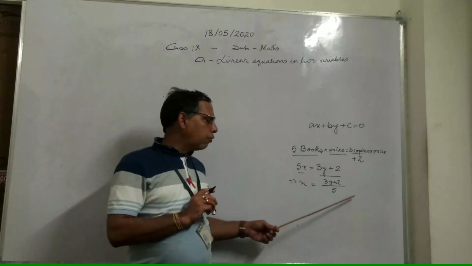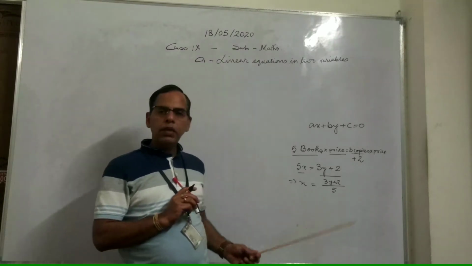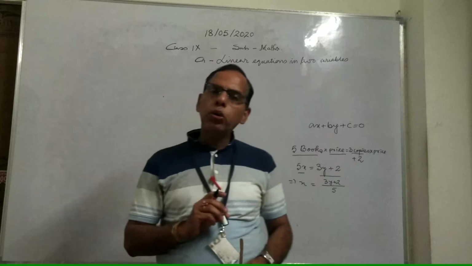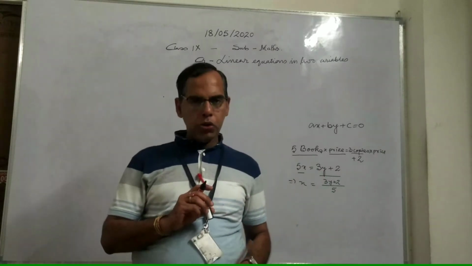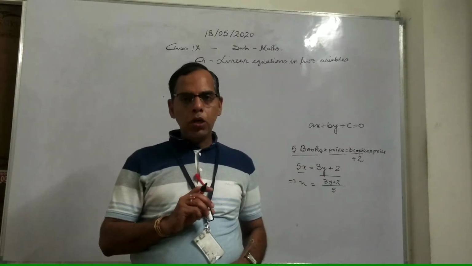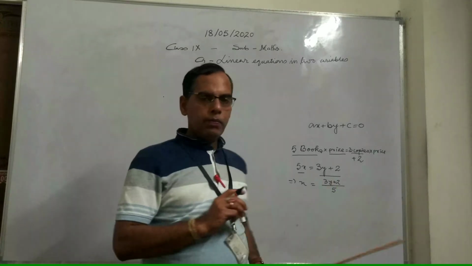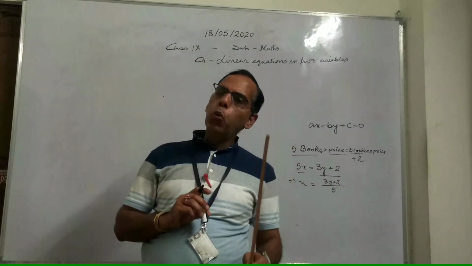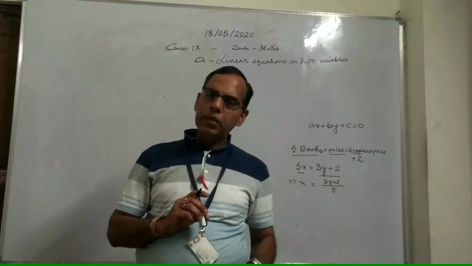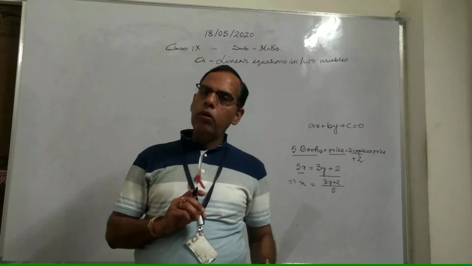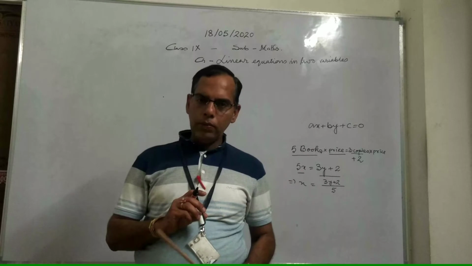So this type of conversion of one variable in terms of the other is also called a dependent equation. A dependent equation, x depends on y. That means if you know y, you know x. If you don't know y, you will not get x as well.